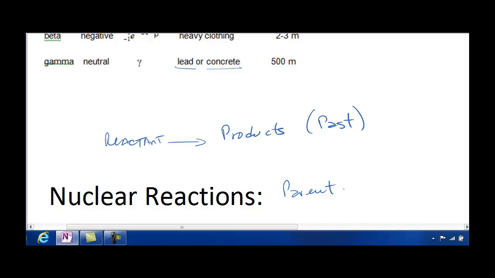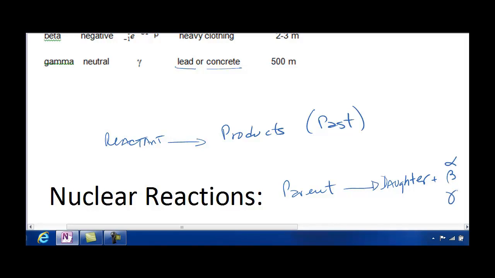We are still going to write an arrow, and after the arrow we're not going to write products, we're going to find a new term, and it's called a daughter. I have no idea why they call it a daughter and not a son. I didn't invent this, I'm just conveying the information. It's either alpha being shot or beta or gamma, but a new element is produced, and this is totally different than what we have seen.